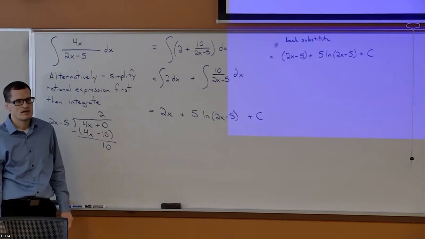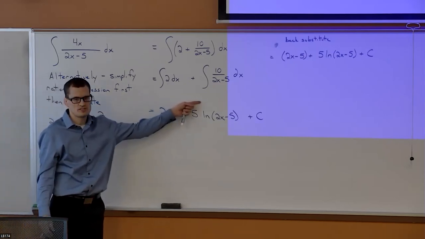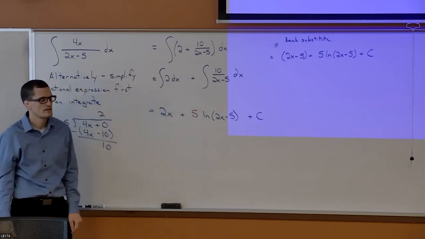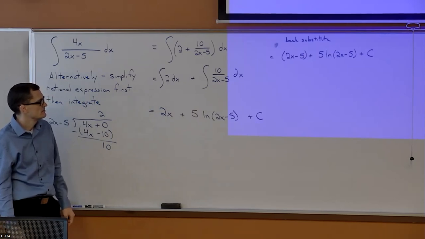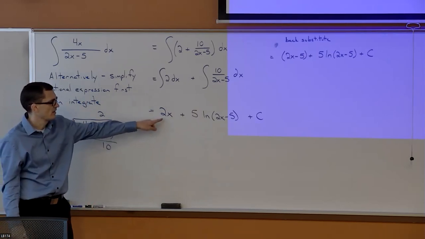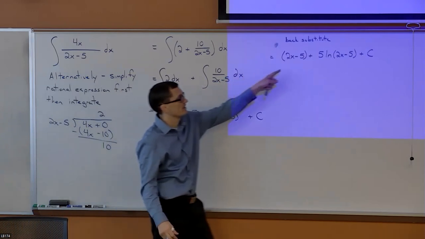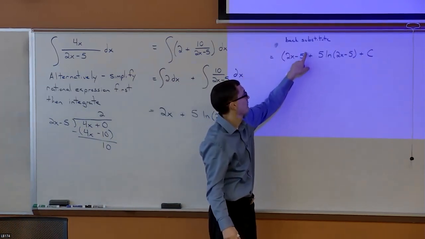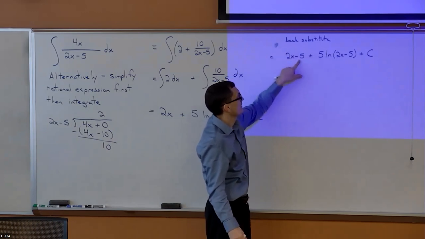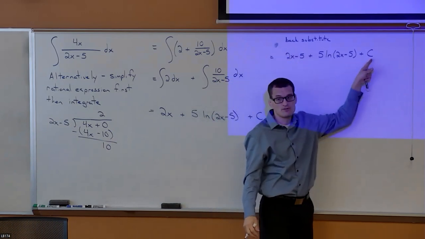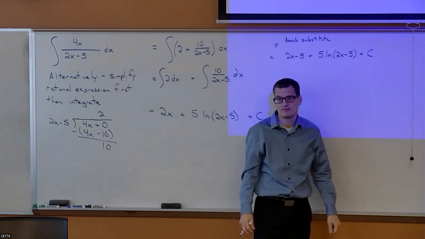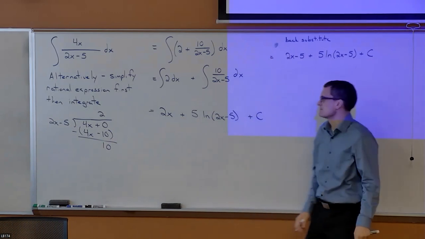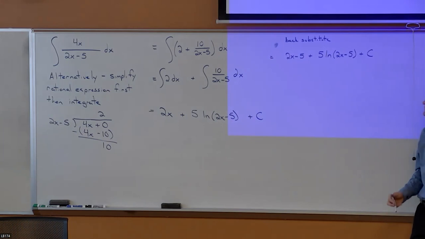All right, I'm skipping some substitution steps here, but you get that. And like I said, that is the same thing as what we got here, because this minus 5 is a constant, so it can be absorbed in the plus c. Right?